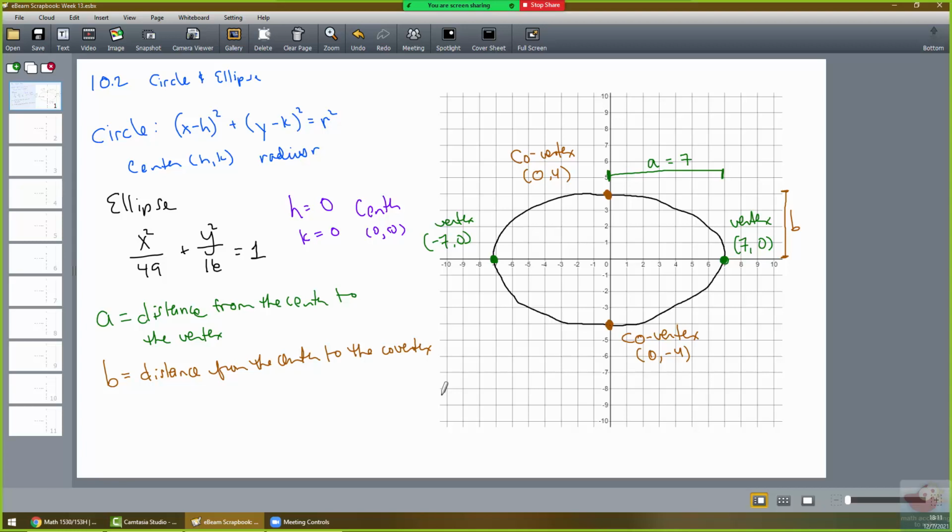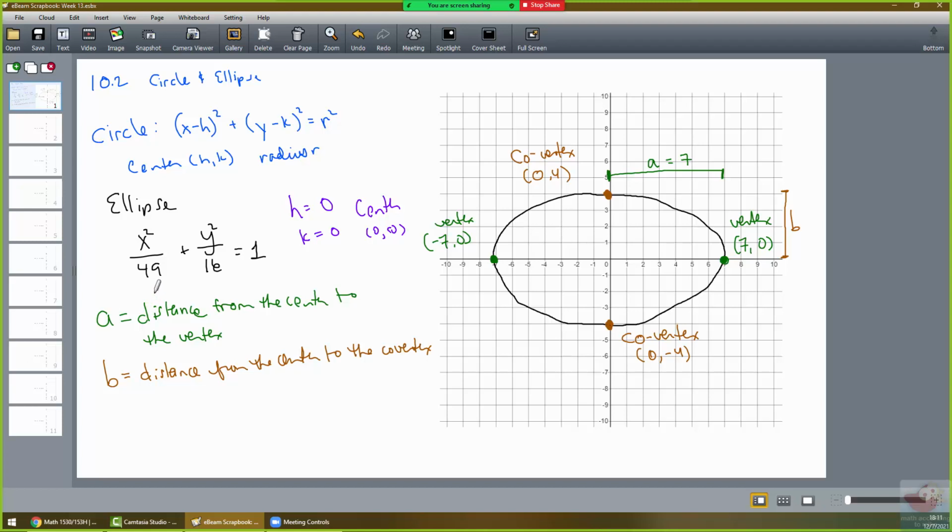Now, let's look at the equation, because we really didn't reference that just yet. x squared over 49 plus y squared over 16 equals 1. Where, by looking at that, would you think a would be 7? What do you think is going on with that equation that says, hey, a is 7?